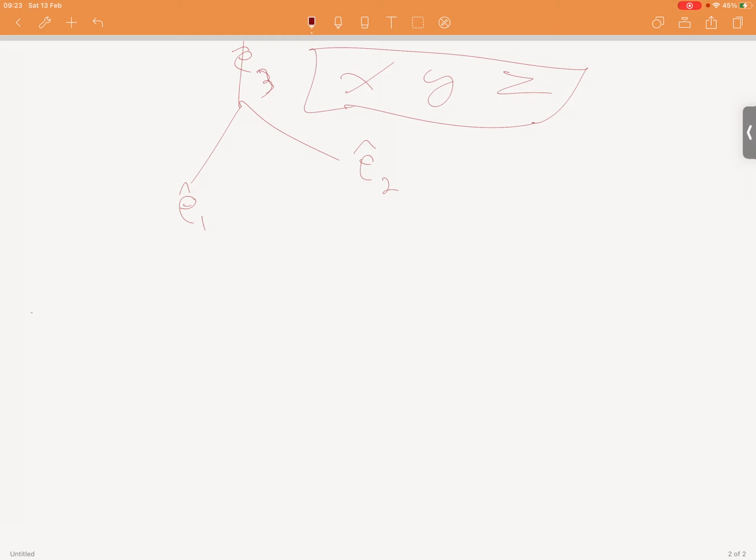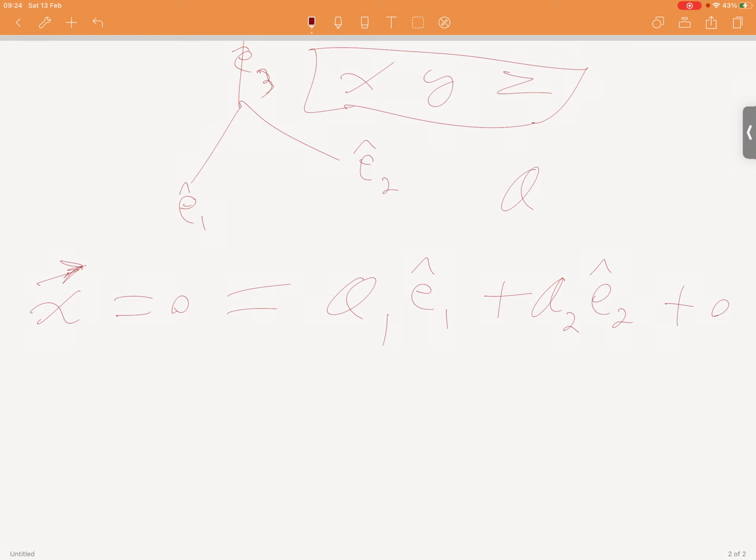Now, let's say this can be 0 in the case that a1 is not 0, so e1 hat plus 0 plus 0. But that's a problem. Let me say this instead. I'm gonna change it slightly: a1 e1 hat plus a2 e2 hat plus 0.